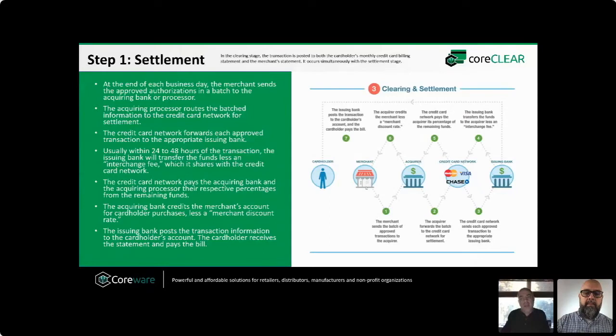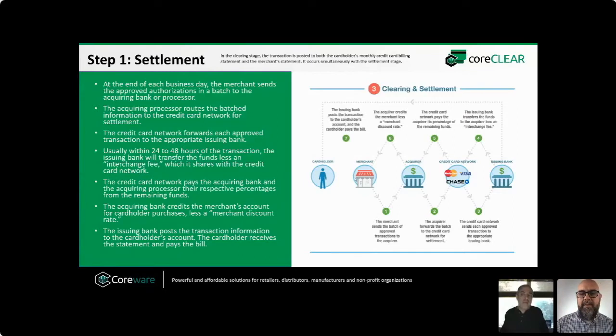Your processor may or may not be your acquiring bank. For example, TSYS is very common in this industry. TSYS is not an acquiring bank, they're a processor. Then you've got layers in front of TSYS, like independent sales organizations. So lots of layers.